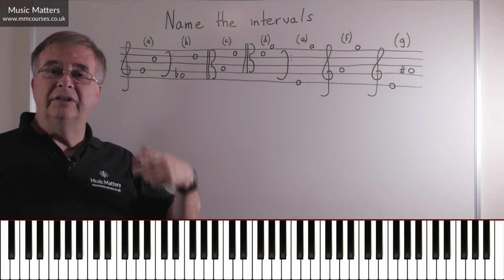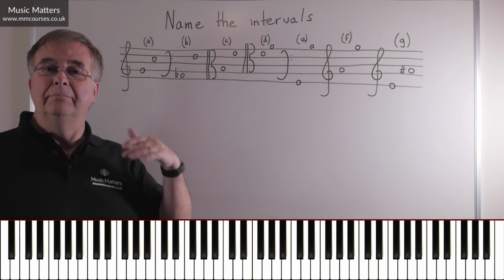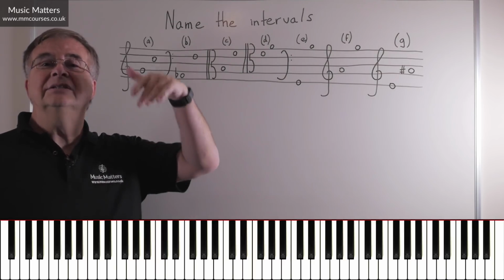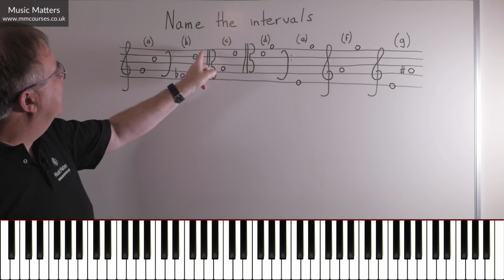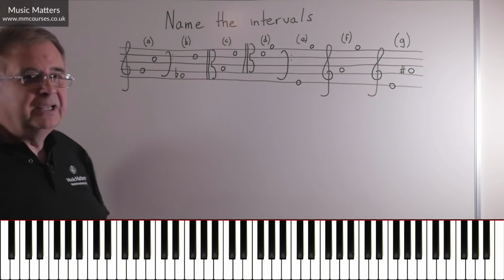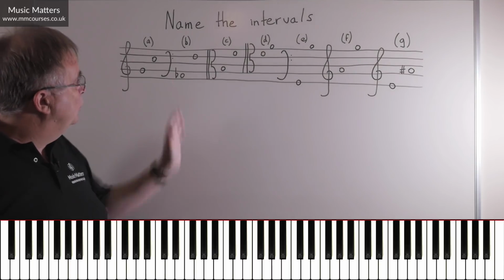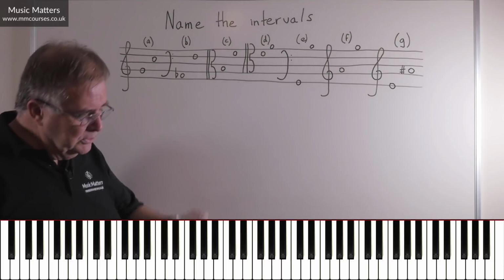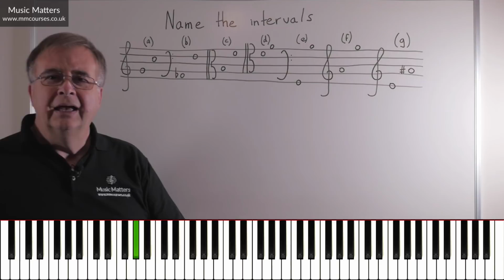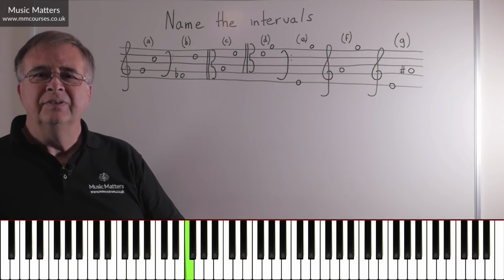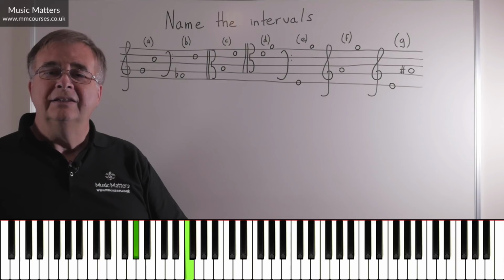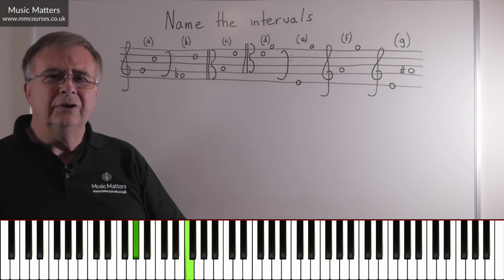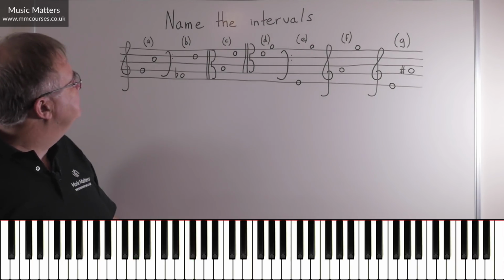Remember, fourth, fifth, octave are perfect, but the second, the third, the sixth and the seventh, the other ones have to be major. So if that note is the sixth note of A flat major, it's a major 6, which it is. Great, what does it sound like? A flat up to F. So there is a major 6, or if I play them together, that's what it sounds like. So clocking the sound of that as well.